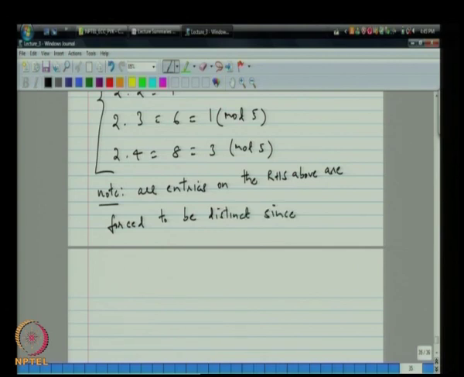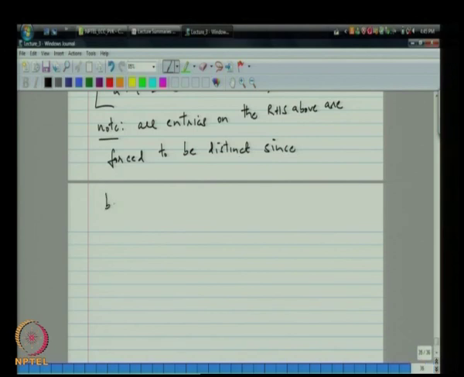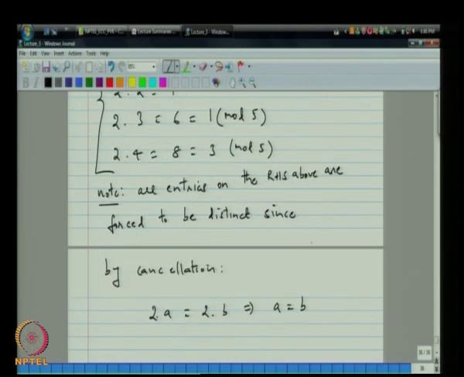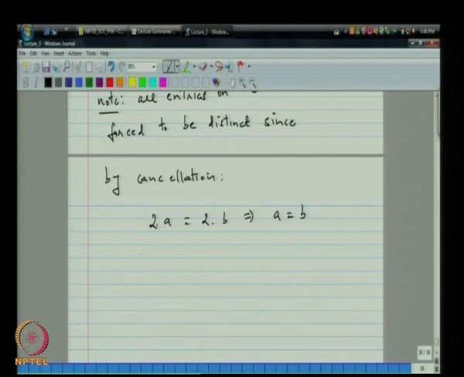Since, by cancellation, 2 times A equal to 2 times B implies that A is equal to B, because otherwise this would imply that 2 times (A minus B) equal to 0, which is impossible.